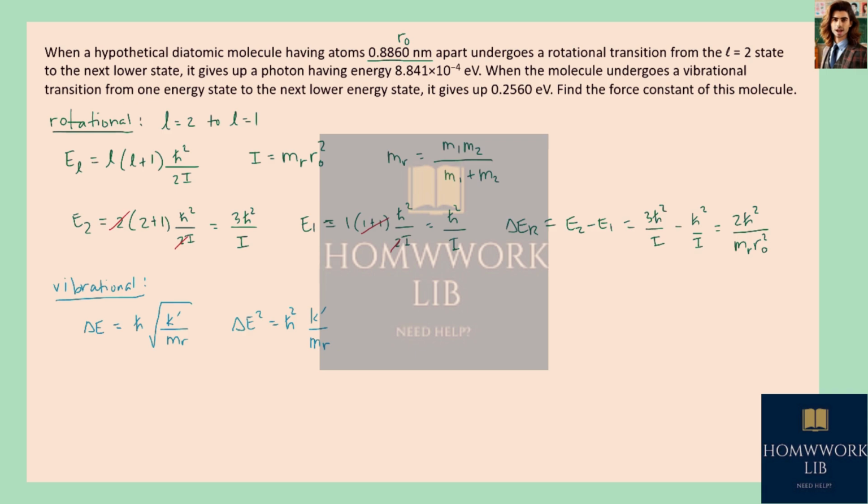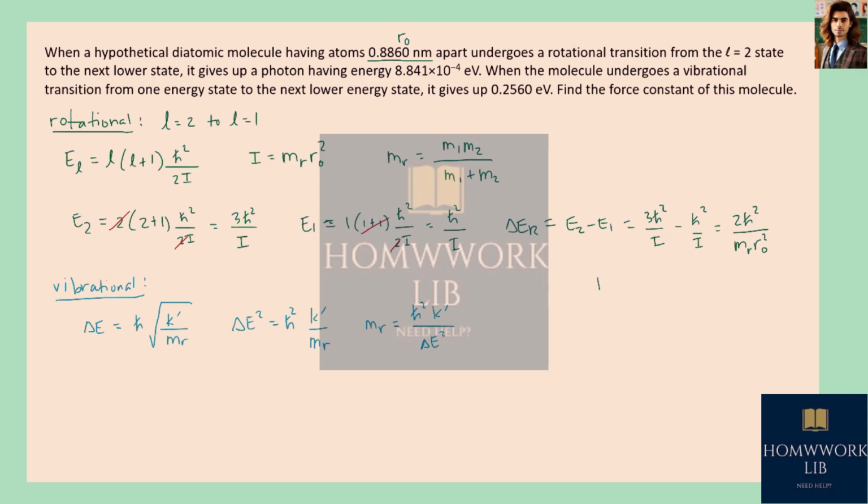And I'm going to go ahead and solve both of these equations for mr, just because, like I said, we're going to eliminate it as a variable, and then we will be able to set them equal to each other to solve for K prime. So from our vibrational relationship, mr will be equal to h bar squared times K prime divided by the delta E for the vibrational state, squared.